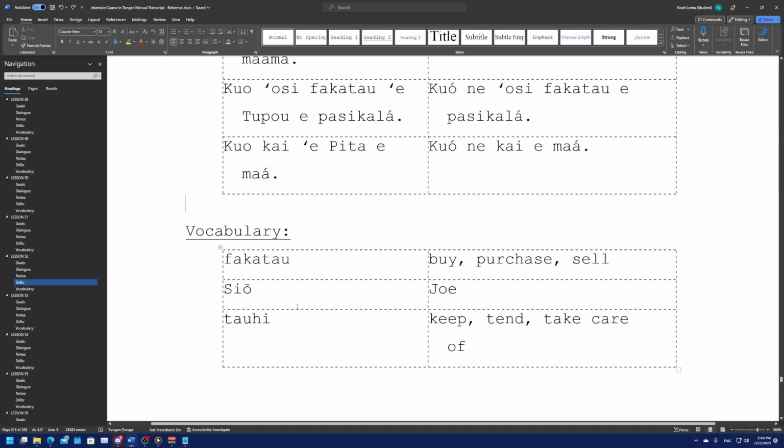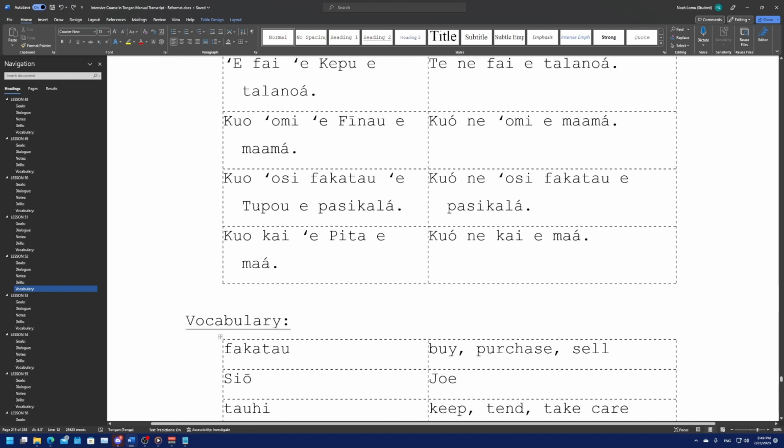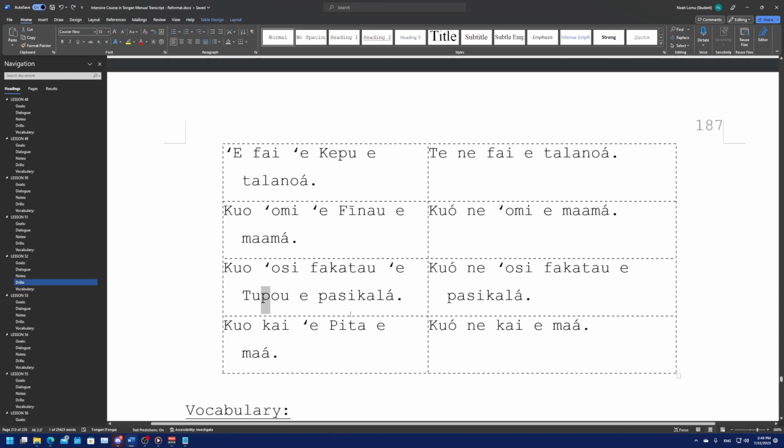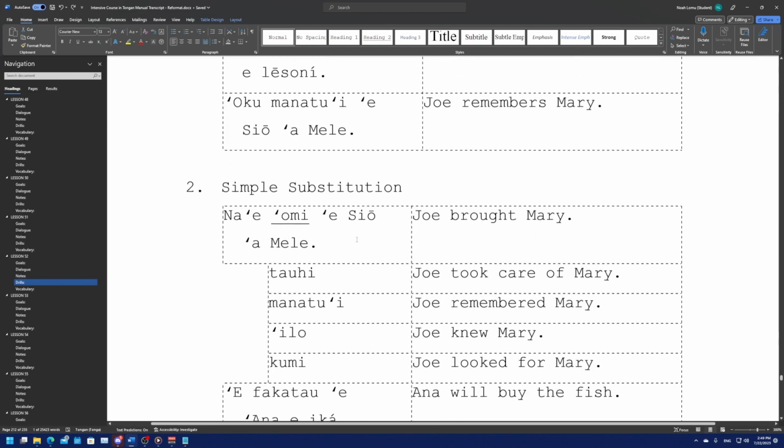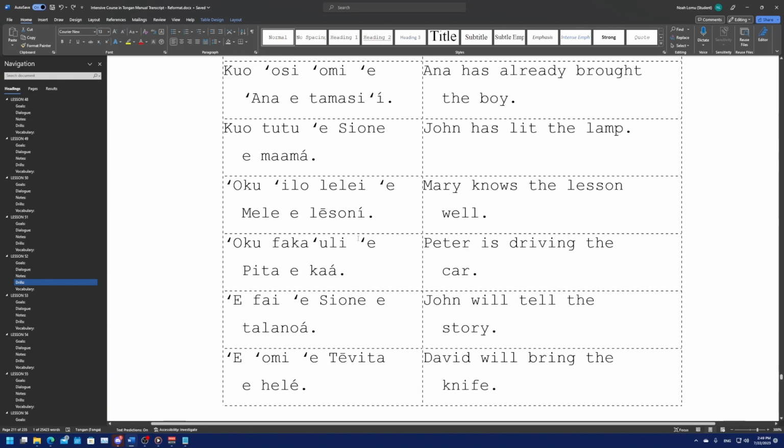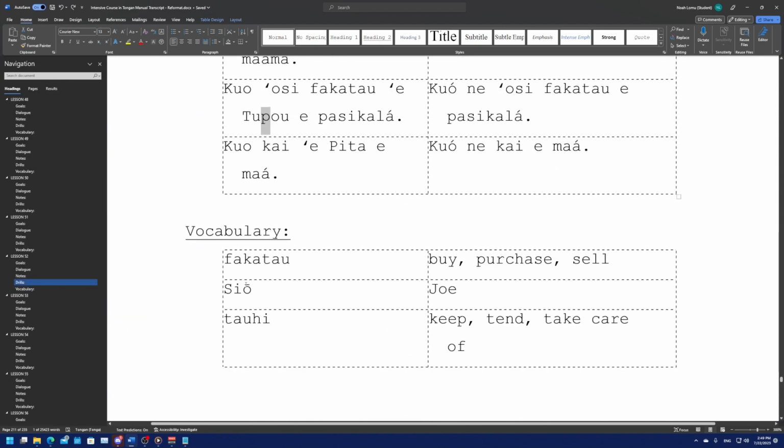I think I've talked about this before, but in the old spelling of Tongan, P's were written as B's, and this sort of SI sound a lot of the time was written as just a J. So Sio used to be written as JO.